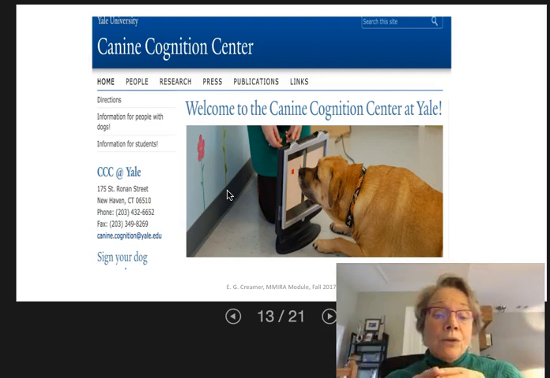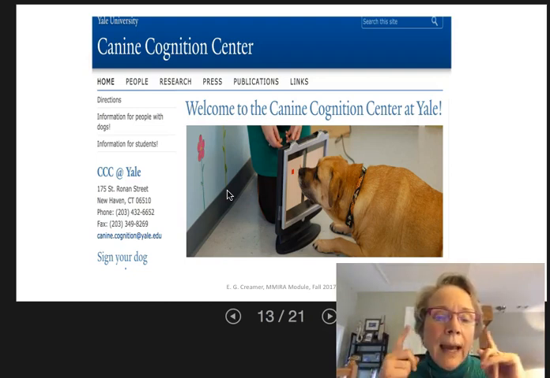Why? They use dogs as companions for people who are ill or elderly. They're bomb sniffers. They can sniff out death. They have incredible capabilities. So they're trying to find a way to measure how smart dogs are.